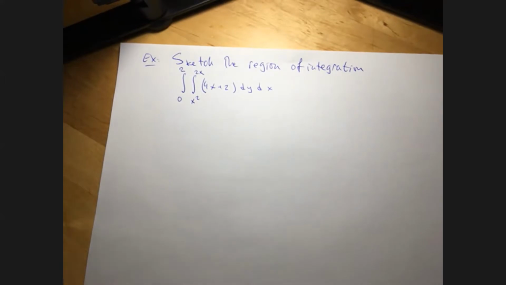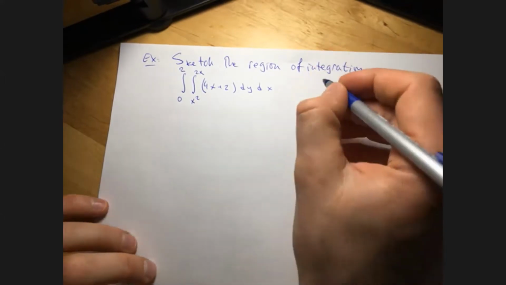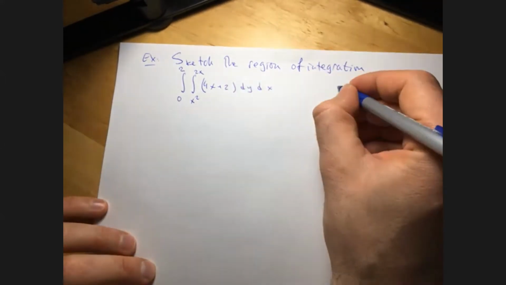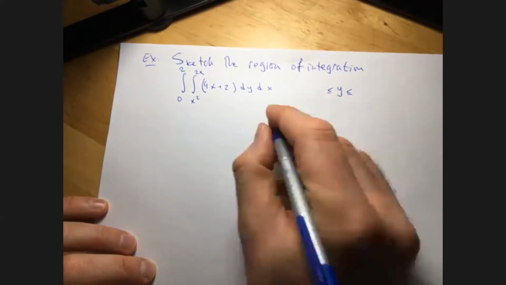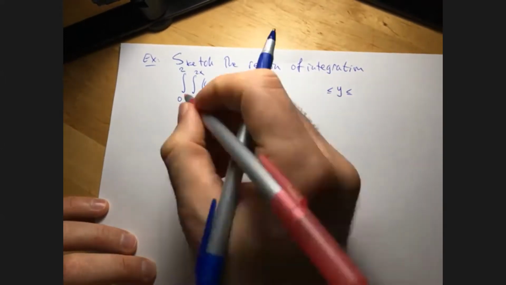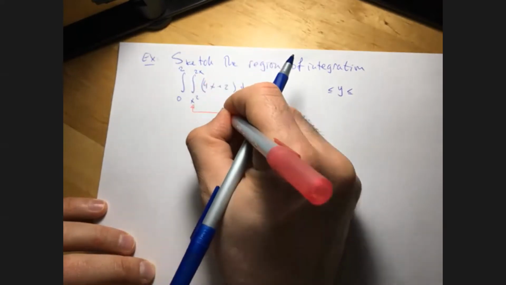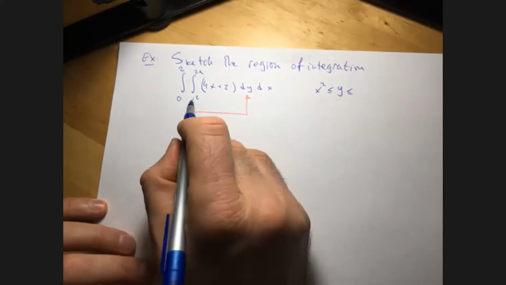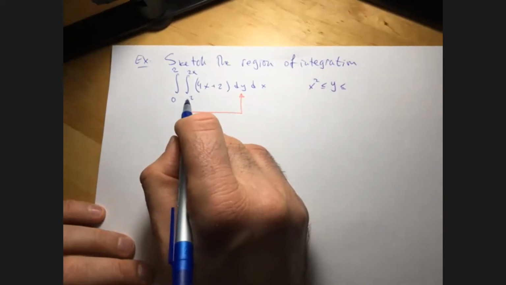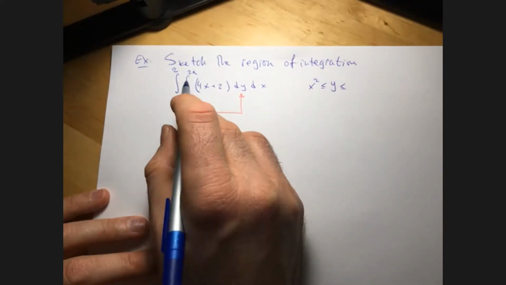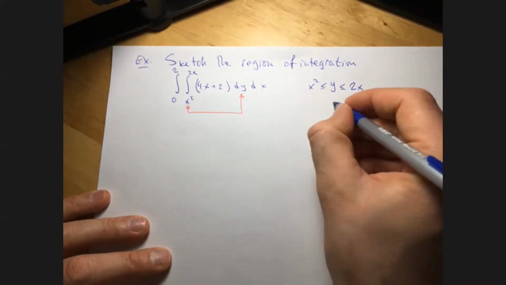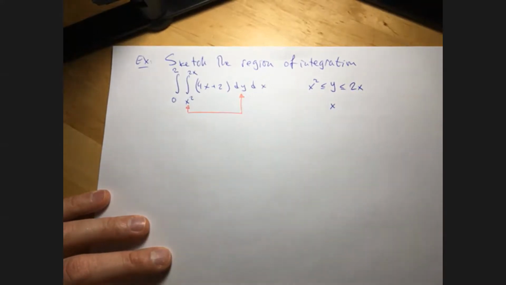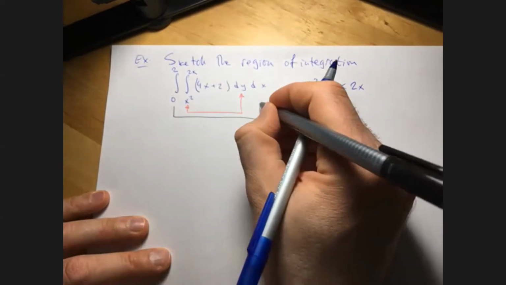Okay. So what do we have here? That y is bounded by the graph of x squared, because this is the lower limit of integration. It's greater than x squared, less than 2x, and x runs from 0 to 2.